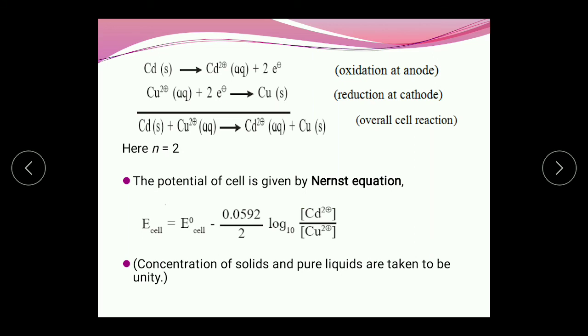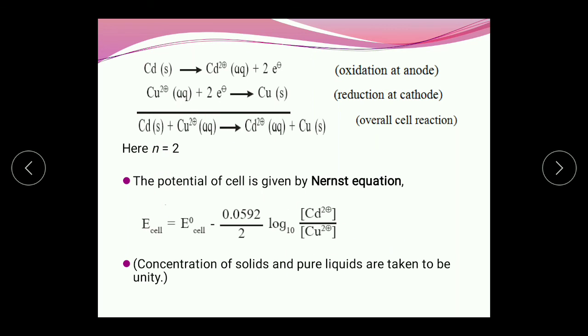So only those in aqueous condition, or in short, only those in ionic condition, will appear in the Nernst equation, because the concentration of all other pure solids will be 1. Hence Cd+2 remains, and in the denominator, among the reactants, the concentration of Cd will automatically be deleted, and we only have to consider this.